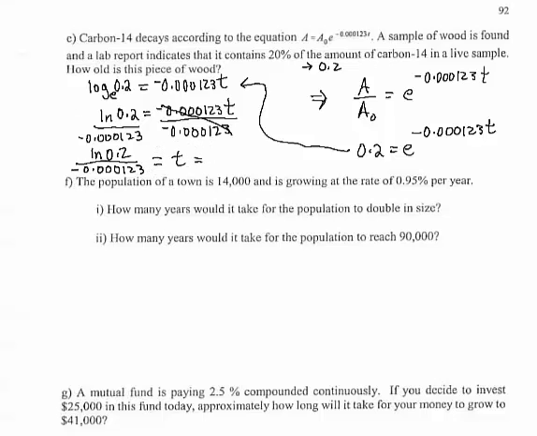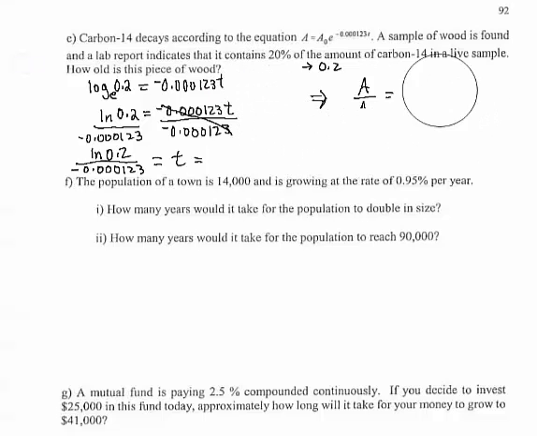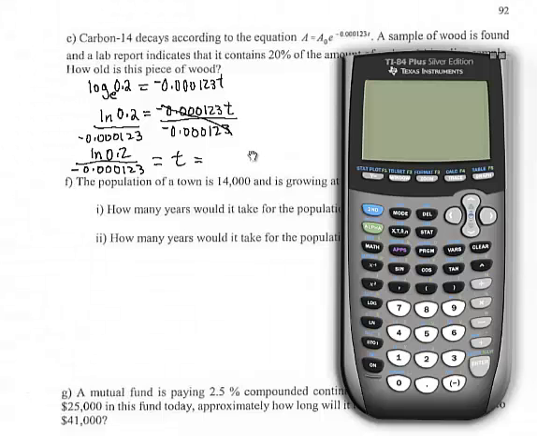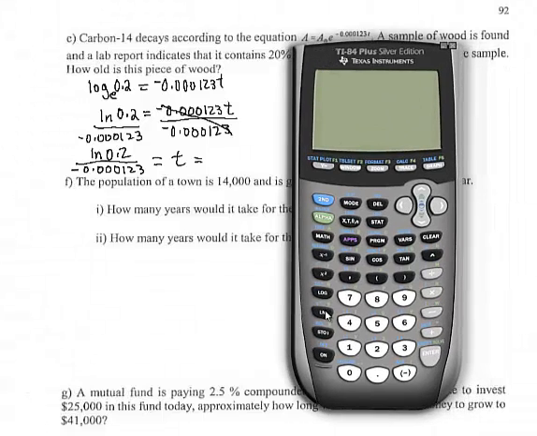Alright, so what is this? What number is this approximately? Go to our home screen and type in ln of 0.2 divided by negative.